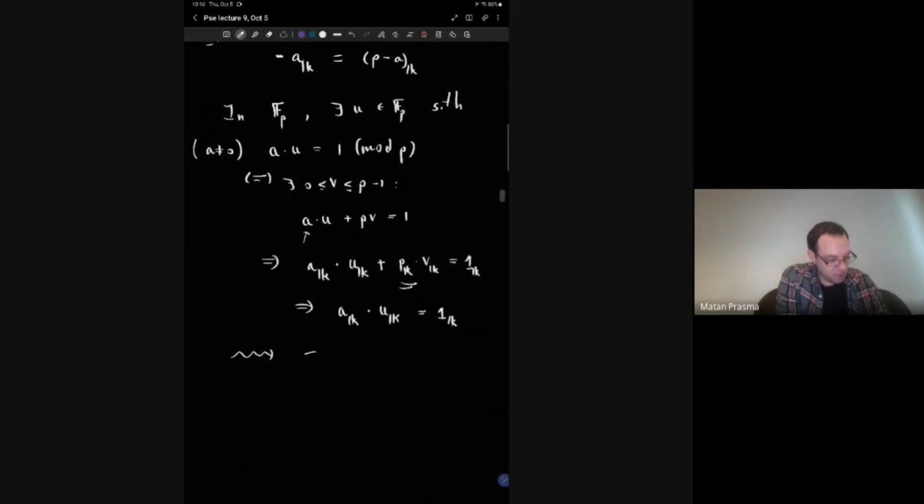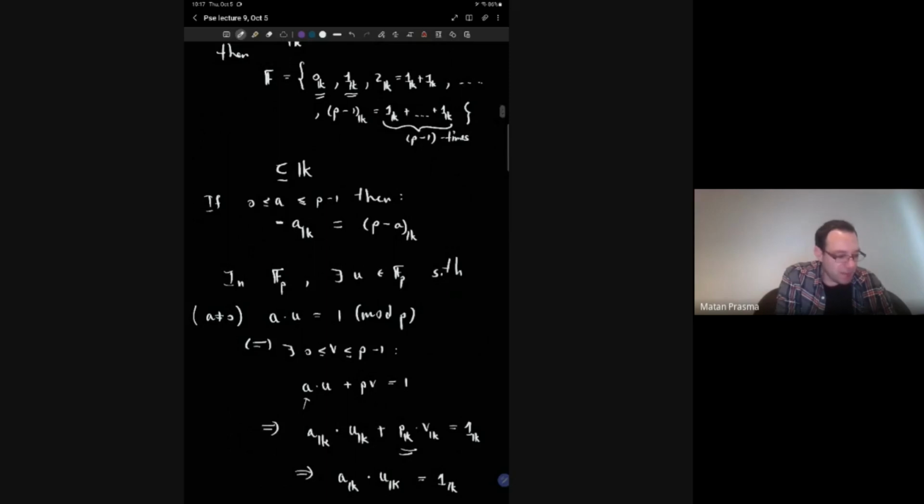So F is a subfield of K. Now, as you can see from this reasoning about the multiplicative inverse, the operations in F behave exactly like the ones in Fp. The only thing is that I have to formally add this subscript k, because it's not like natural numbers. It's adding the unit element of K to itself this many times.